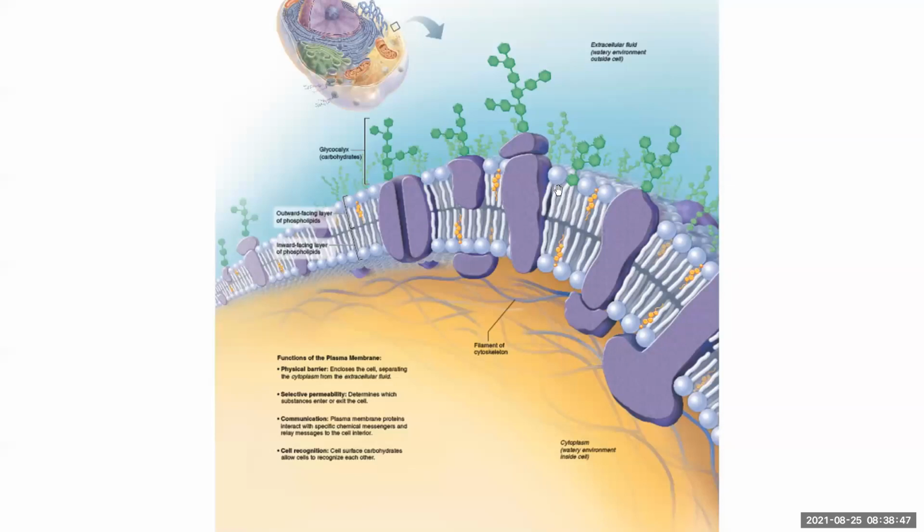The phospholipids themselves, you notice, have a circular head, and then they have these two fatty acid tails that we see. Now, these fatty acid tails, if you look closely at the diagram here, you will note they are not perfectly straight. They have a little wiggle to them. They have a kink.